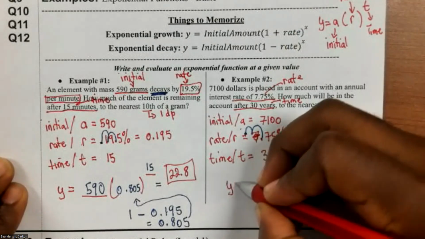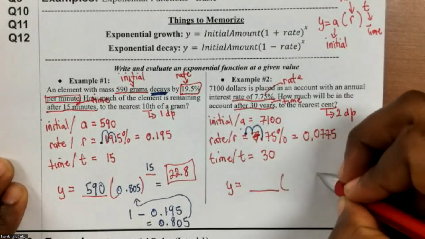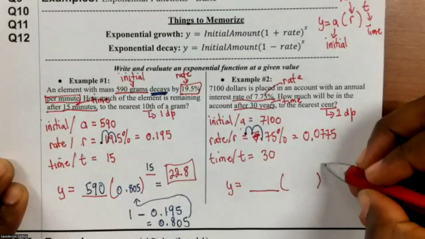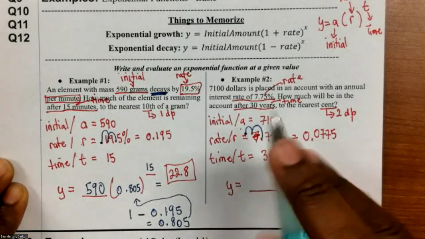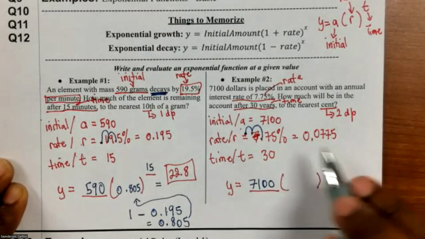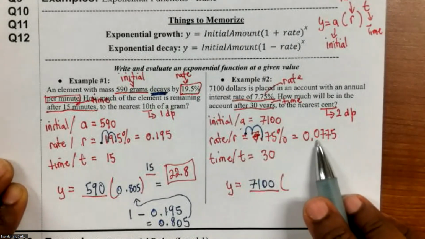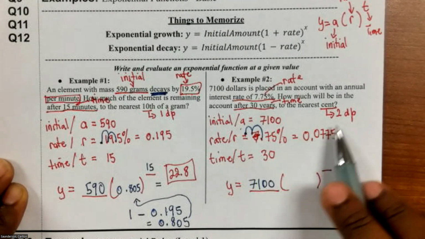So we're going to have y equals some initial value, times some rate change, over some period of time. We know our initial is 7,100. Our rate was 0.0775. However, we need to look at the change.